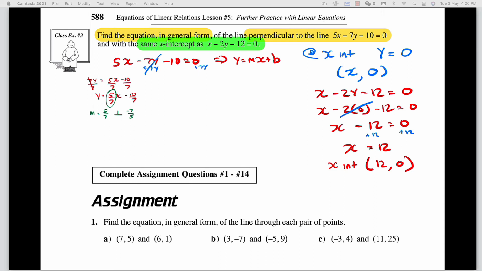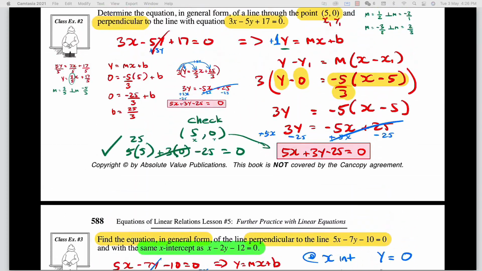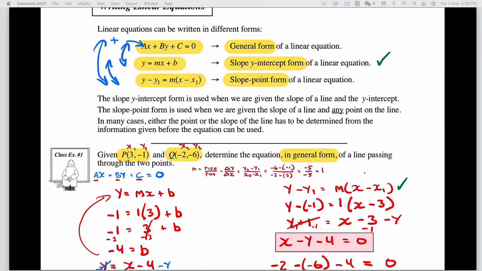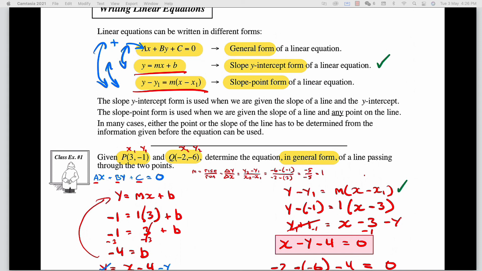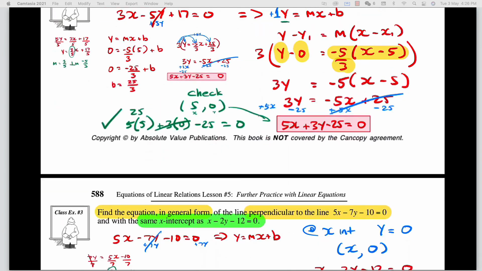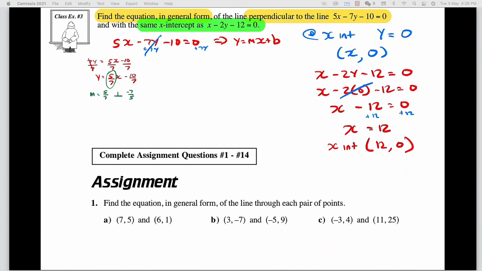So now I can essentially use either y equals mx plus b, or the other format, the y minus y1, and shove into those equations the x and y point and the slope that we've calculated. So I'm going to use the slope point form right here. So I'm just going to reduce this in size again. Resize.